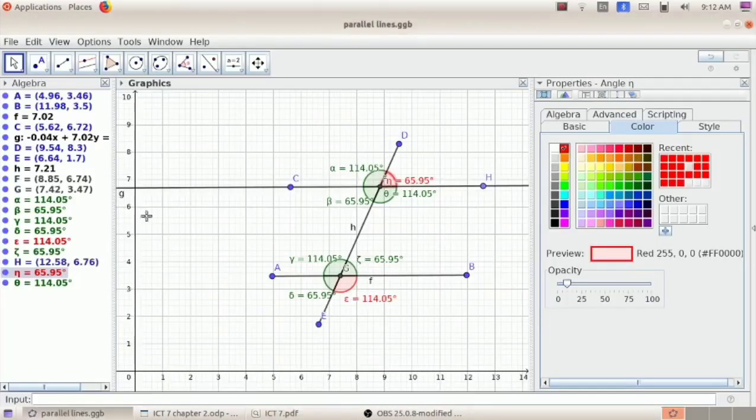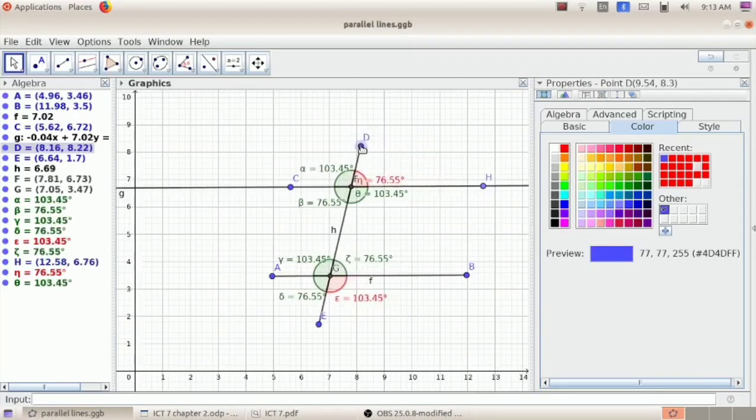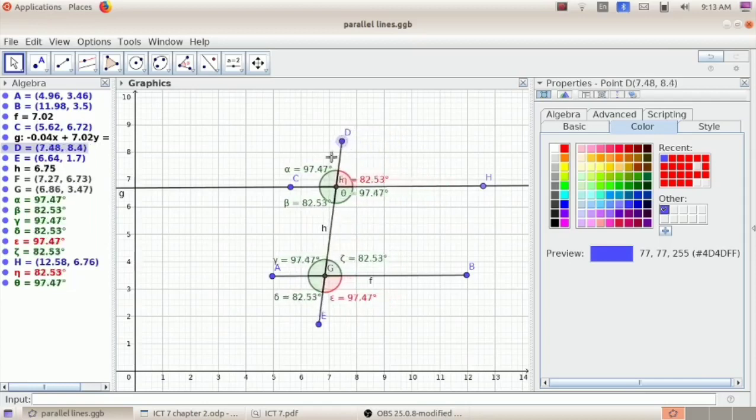For that, here we have to use the move tool. Then we can change the position of any point like this. By moving the mouse, the position of that point will be changed. When we change the position of a point, the angles in between these lines also change.